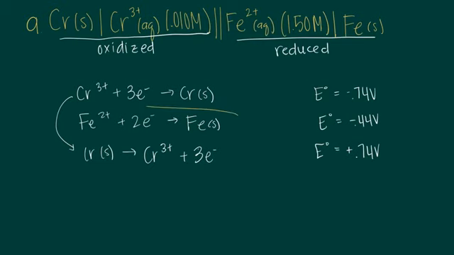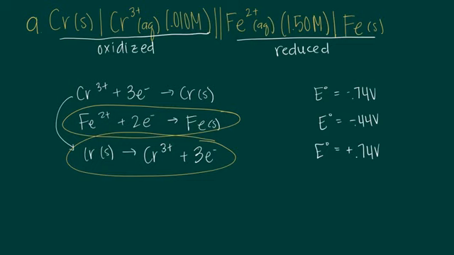And now we will use these two equations to have our overall reaction. We see that there's 2 electrons from iron and 3 from chromium. So we need to multiply the top equation by 3 and the bottom equation by 2 to balance out the electrons. So on the left side of the equation, we should have 3 iron 2+, 6 electrons and 2 chromium solid.